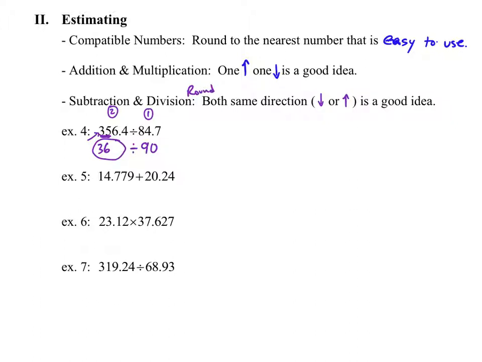So if I round 356.4 to 360, essentially this 0 and this 0 just both kind of cancel out. But I don't know if that'll make sense to people. So let me erase those a second and put my zeros back in. But 360 divided by 90 is the same as 36 divided by 9, which then gives 4.